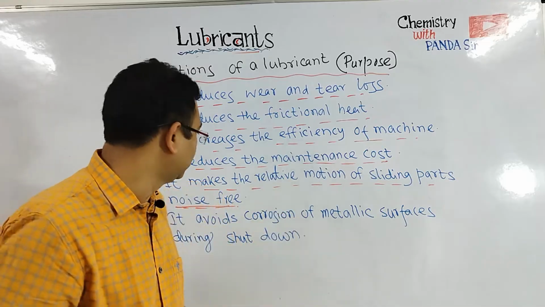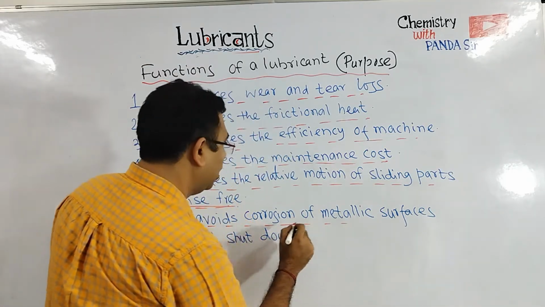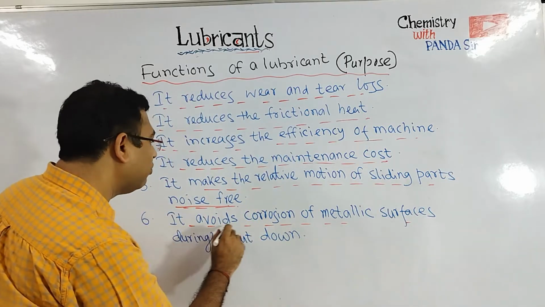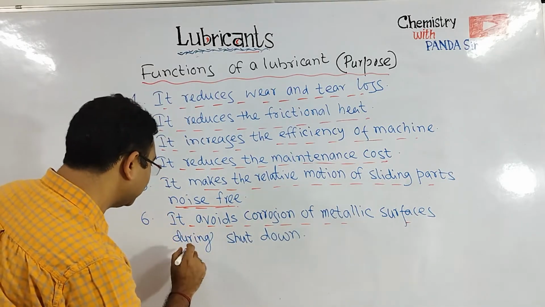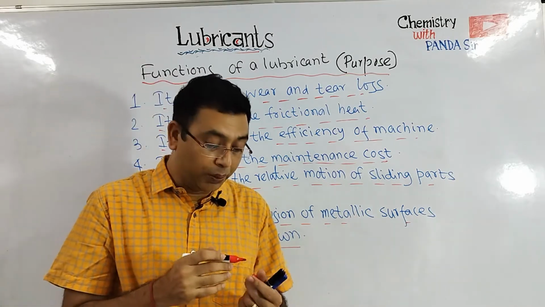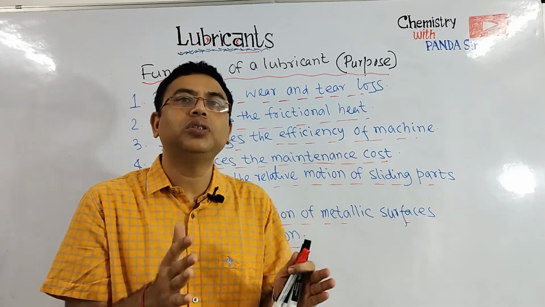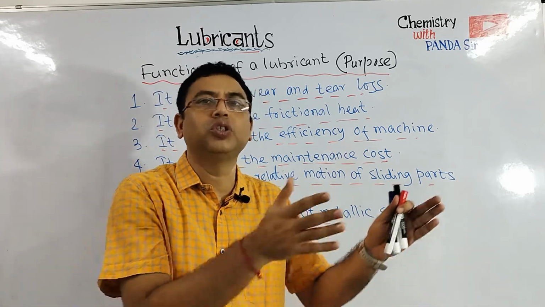At the last, it avoids the corrosion of the metallic surfaces during shutdown. That is another important purpose of the lubricant. Now think about a condition where the machine is in shutdown mode, the machine is not working.